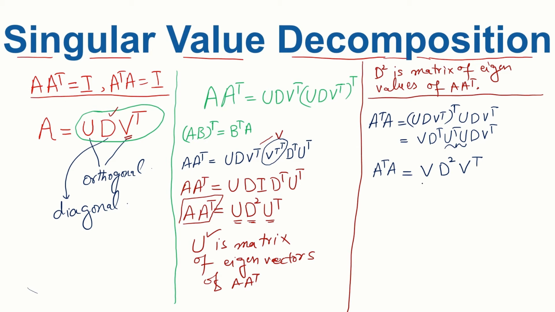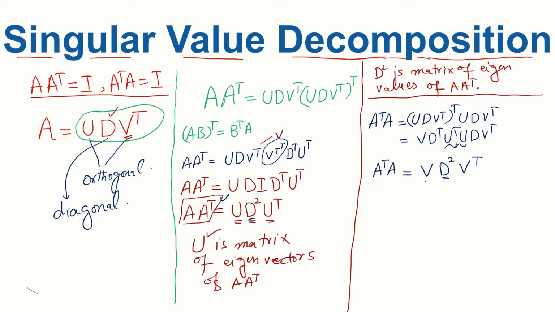But see one common thing: A A transpose and A transpose A both have the same eigenvalues. Although the eigenvectors are different, they also have a certain relationship.